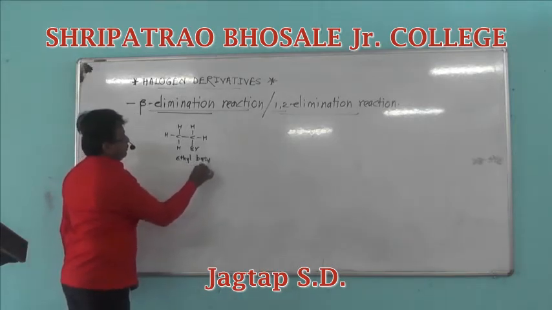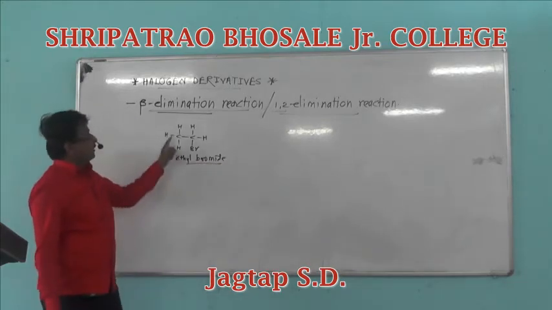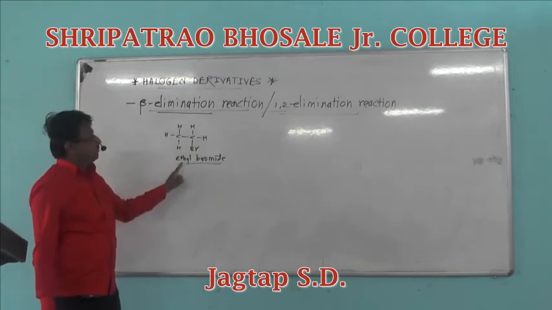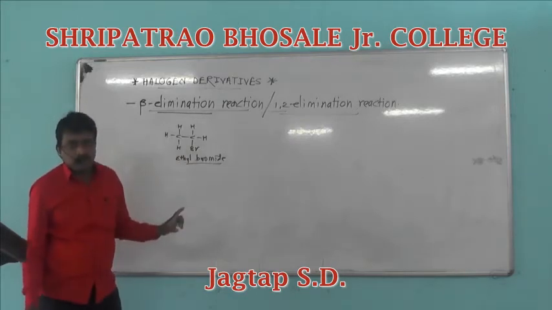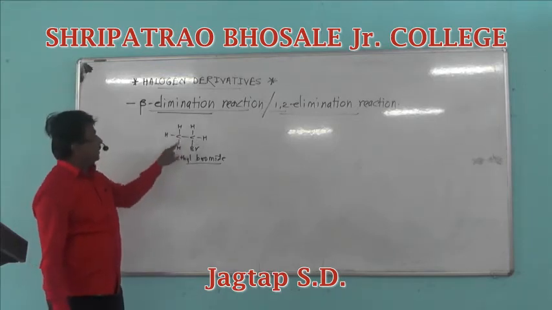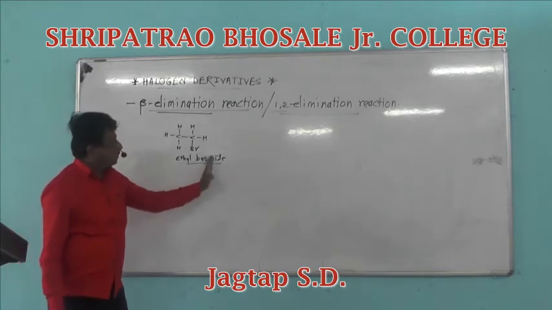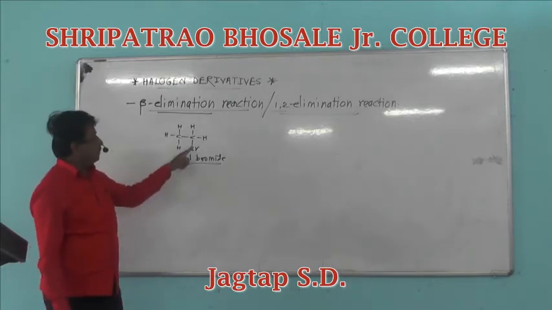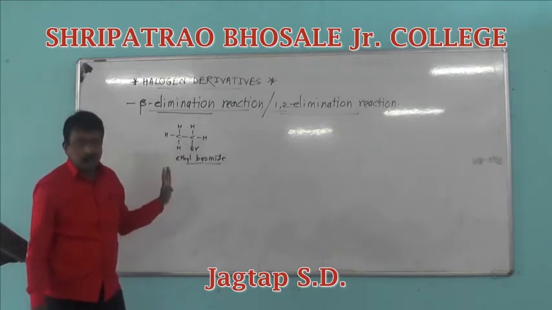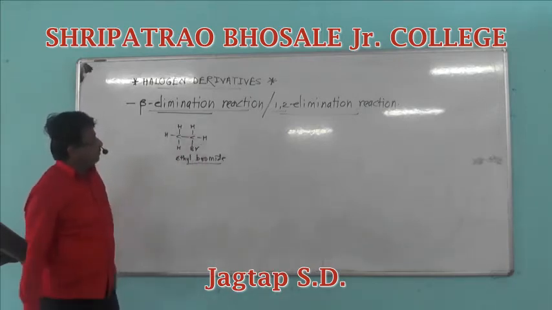According to the common system, write the name of the alkyl group attached to the halogen atom first. Here the halogen atom, bromine, is attached to the ethyl group, which is written first, followed by the word halide. The halogen atom is bromine, so bromide. According to the common system, it's named ethyl bromide.